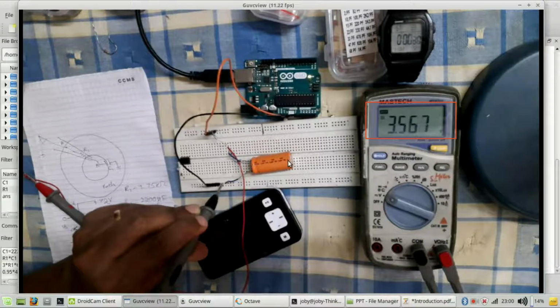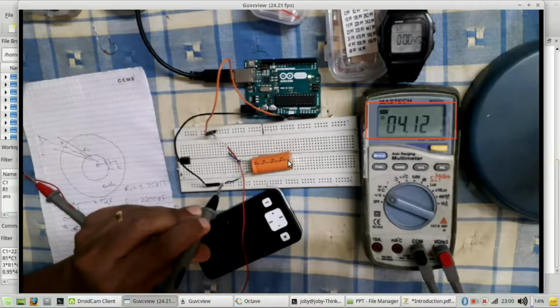Yeah, it's going towards 4.48 asymptotically, as you would have expected. Now its changes are slower.